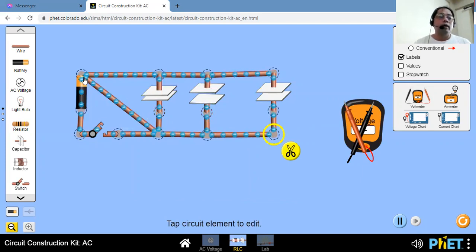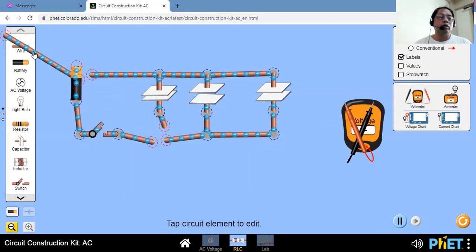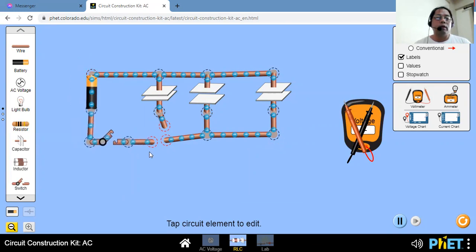And again, we can disconnect this end to be able to remove this short circuit wiring that we just used. So anyway, we go back now and reconnect it. So let's just reconnect this one.